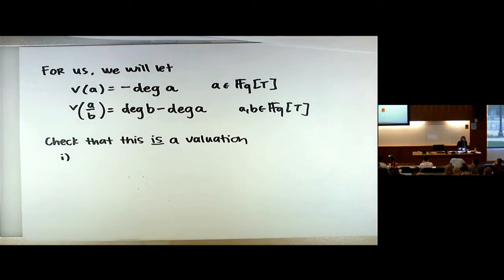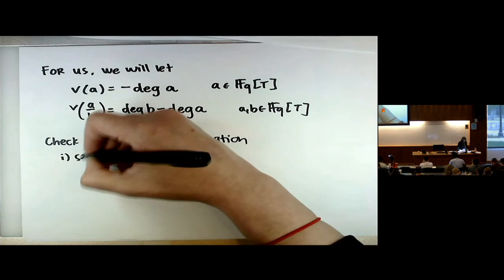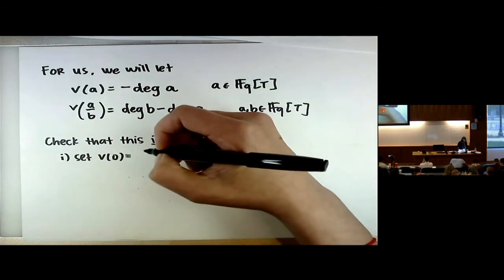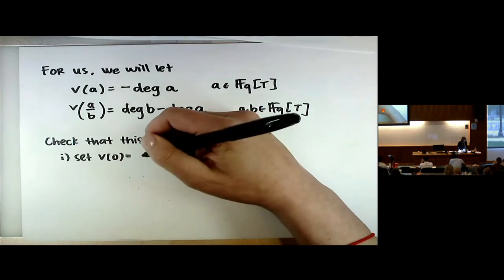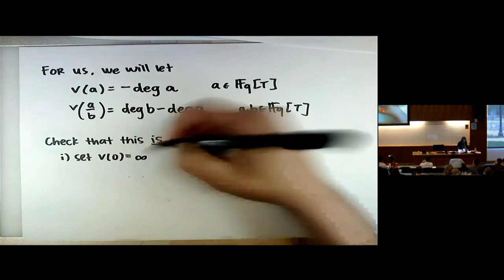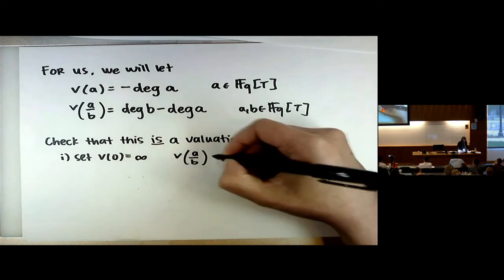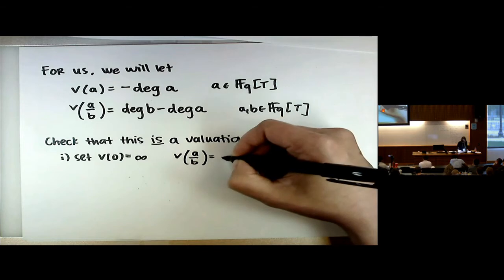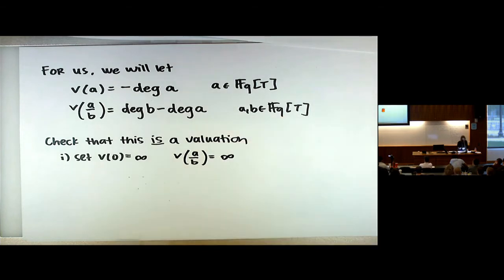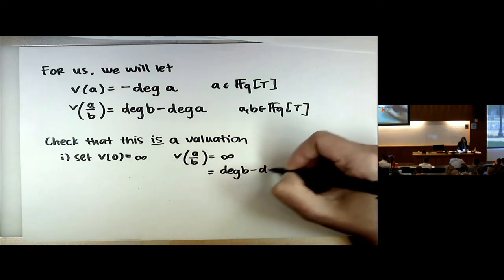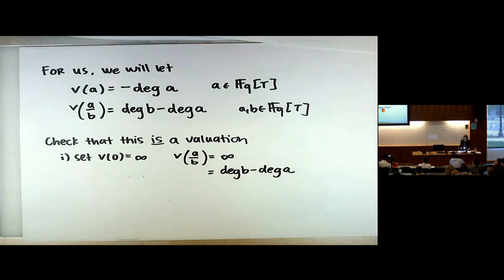Well, if I set the valuation of 0 to be infinite, then if I have the valuation of a over b also infinite, it means that somehow the degree of b minus the degree of a was infinite.